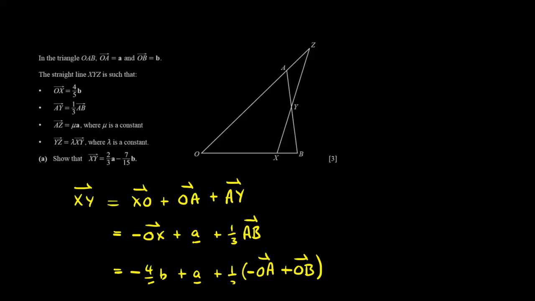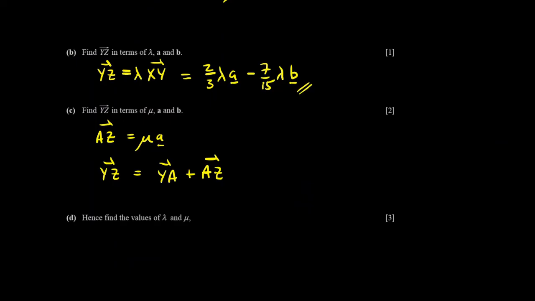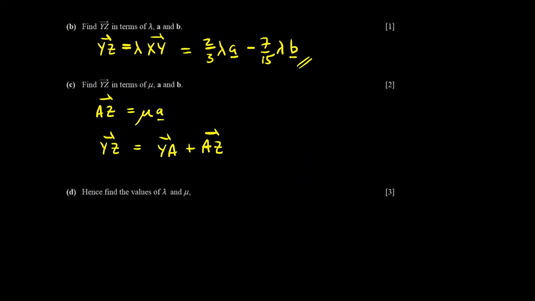Well, I have an expression for AY, don't I? So YA is the same thing as minus AY. And so we know that that's got to be equal to minus 1/3 AB. So I'm going to go down here. This guy is equal to minus 1/3 AB. Sorry, there's not enough space to do this question, so I'm going to have to skip a few steps.